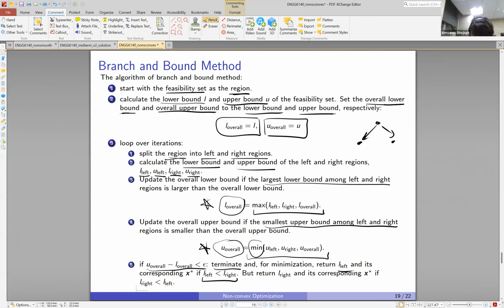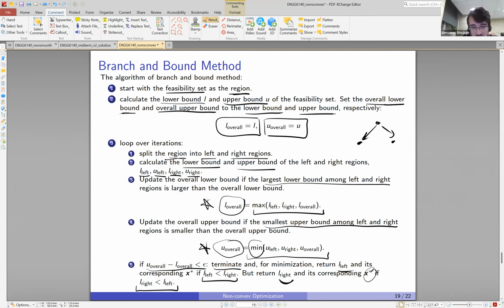If lower bound of right region is less than lower bound of left region, then return L right. And it's X star, corresponding X star. So L left and L right are F star, right? And also they have corresponding X star.